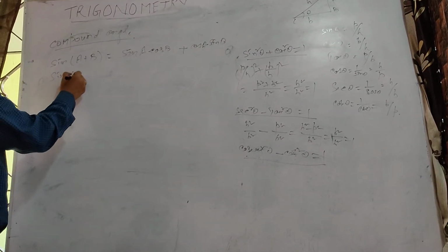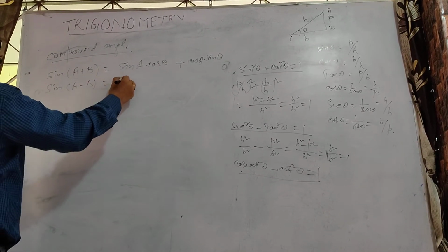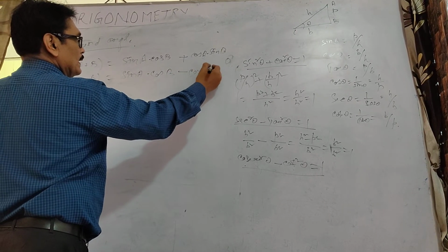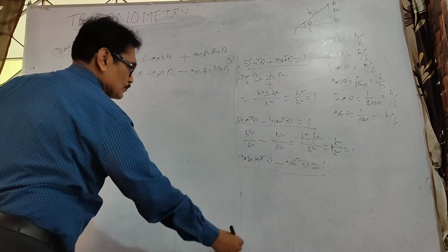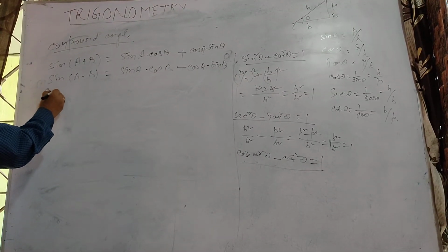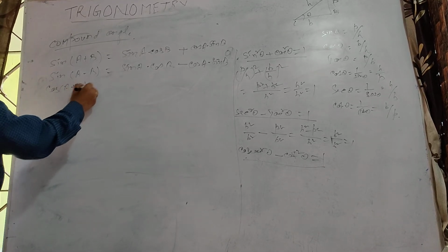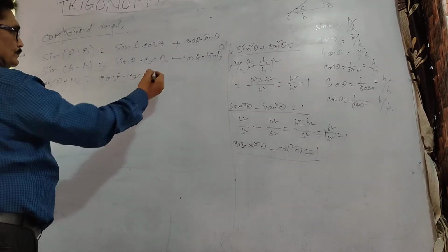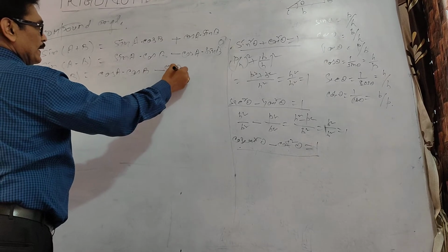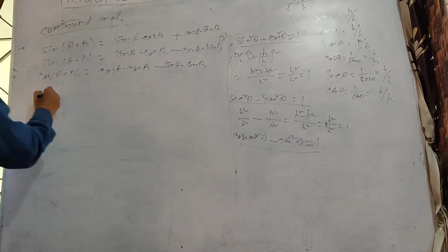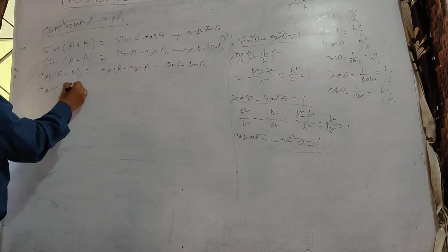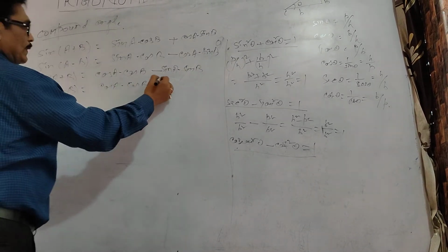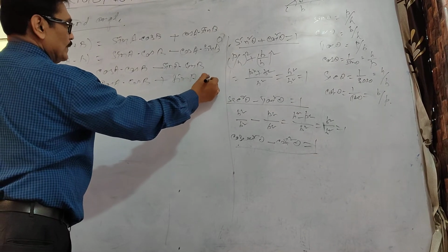Now sine A minus B is equal to sine A into cos B minus cos A into sine B. And again cos A plus B is equal to cos A into cos B minus sin A into sin B. And also cos A minus B is equal to cos A into cos B plus sin A into sin B.